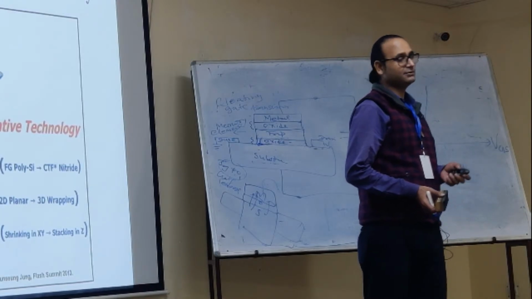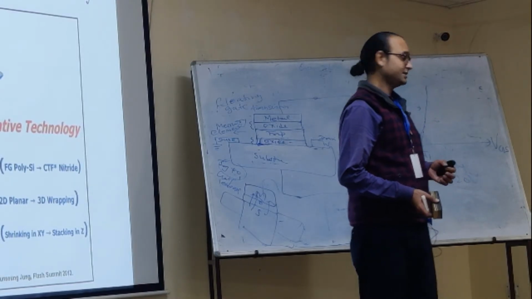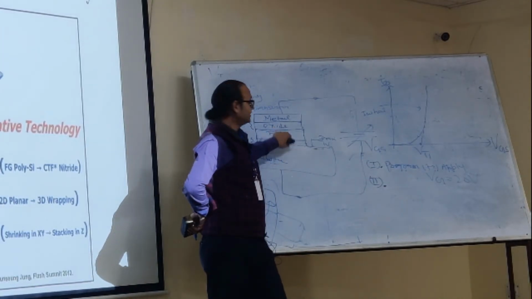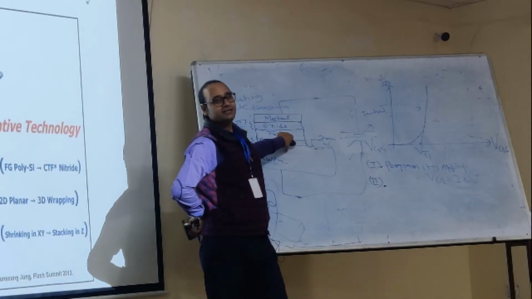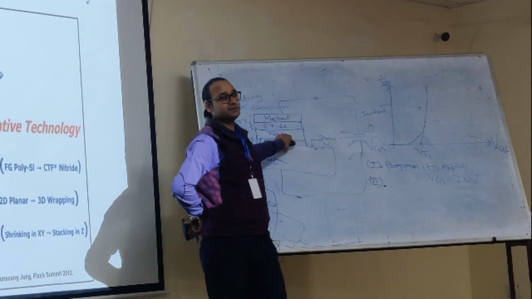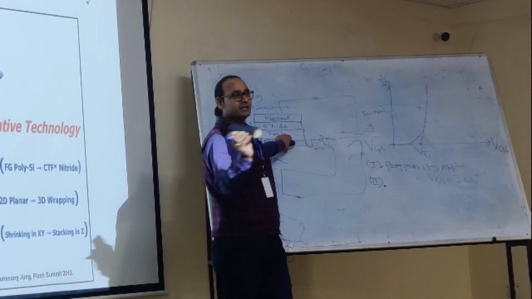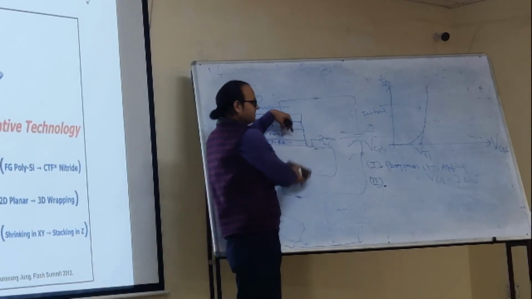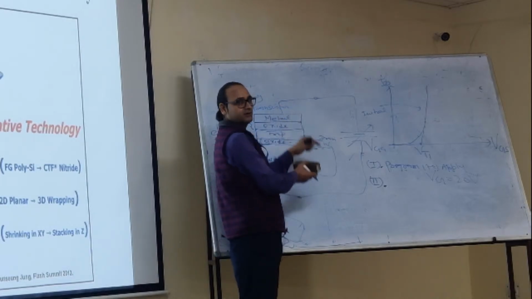I am very weak in quantum mechanics, but at least I know that the mechanism will be quantum mechanical tunneling. There are types of tunneling like direct tunneling, band-to-band tunneling, and Fowler-Nordheim tunneling. Here we get a mix of direct and Fowler-Nordheim tunneling.